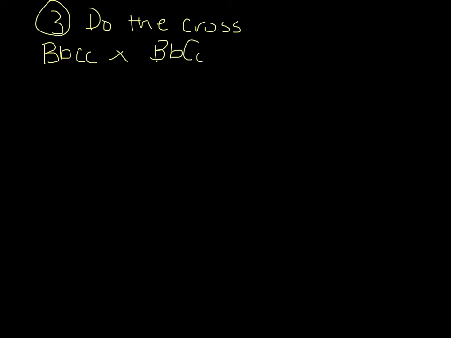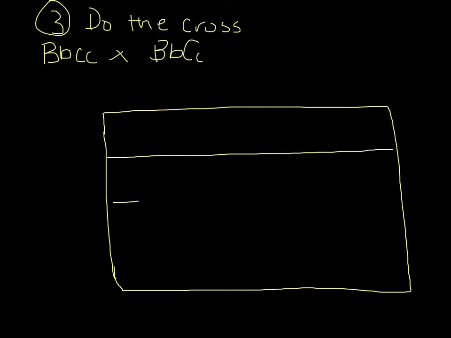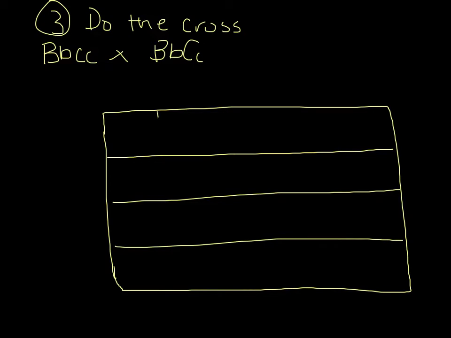Okay. Now, a double trait cross, your Punnett square is going to be a 4x4 box. And what you're going to do is put the gametes from step 2 in each space.